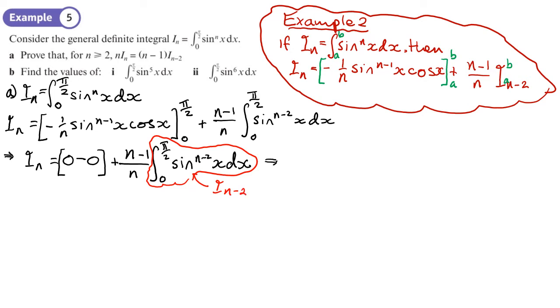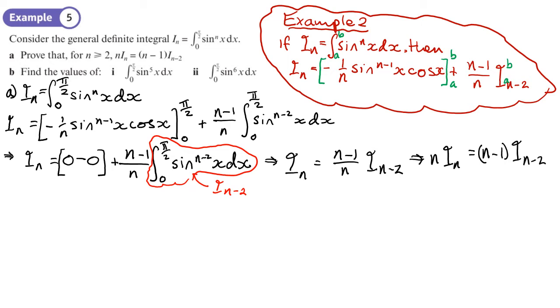So what we'll get is I n equals n minus 1 over n times I sub n minus 2. Now all we need to do is to times both sides by n, and we get n times I sub n equals n minus 1 times I sub n minus 2, which is the result we wanted, so we can just say as required.